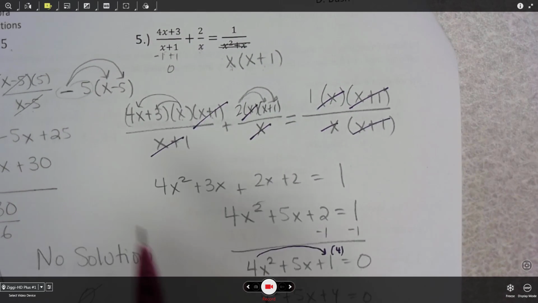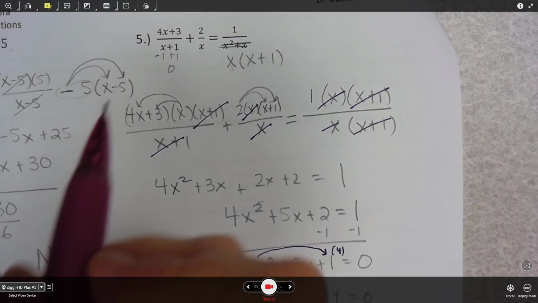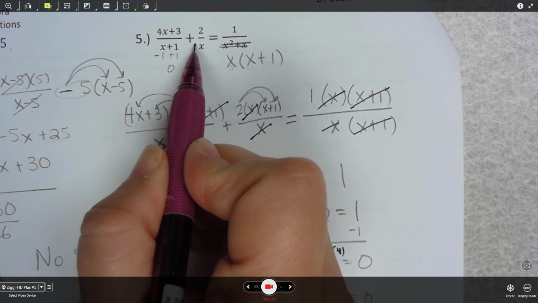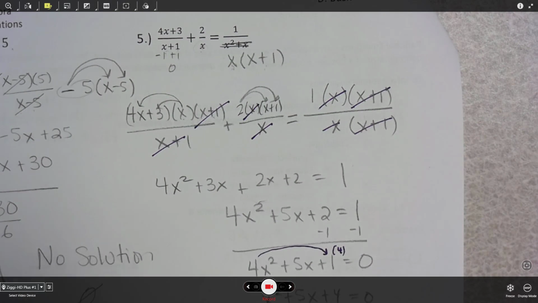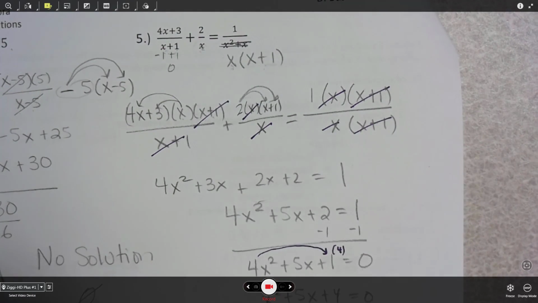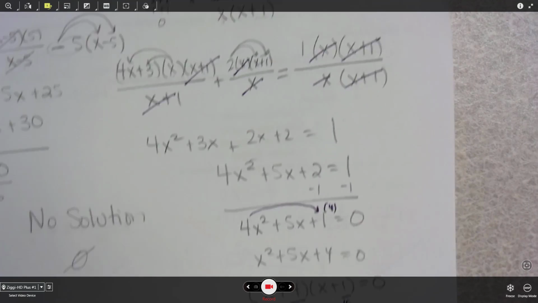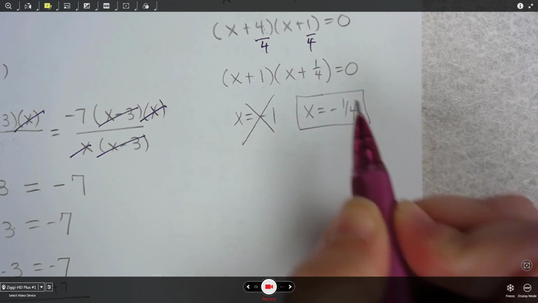If I try -1/4, -1/4 plus 1 is not 0, it's 3/4. If I fill in -1/4 here, I just have a denominator of -1/4. And if it doesn't make these two 0, it's not going to make that one 0 because they're exactly the same. So that tells me that -1/4 is a good solution.